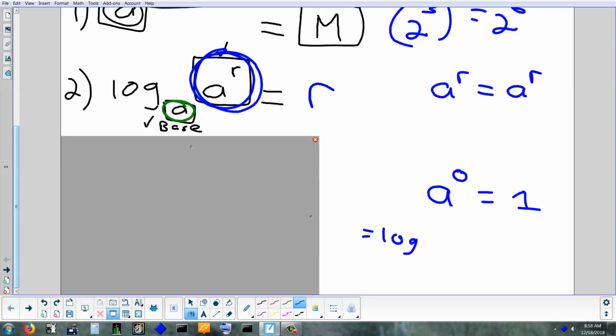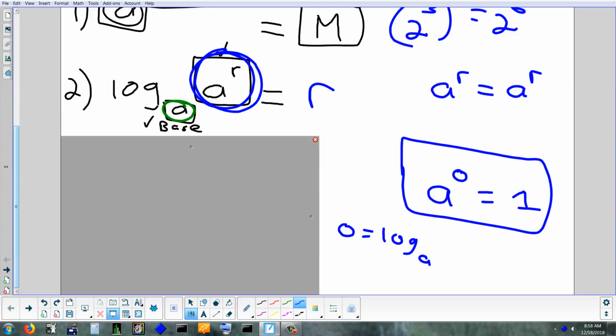What's my base in that? A. Logarithm always equals what kind of number? Exponent. What's the exponent in that box? 0. And the thing that's by itself here, that's your argument, and that goes right there.